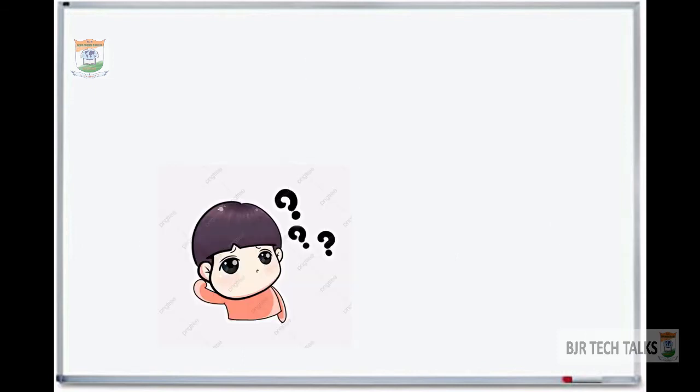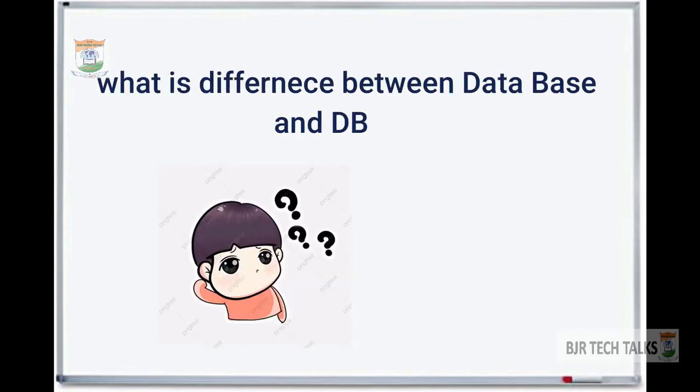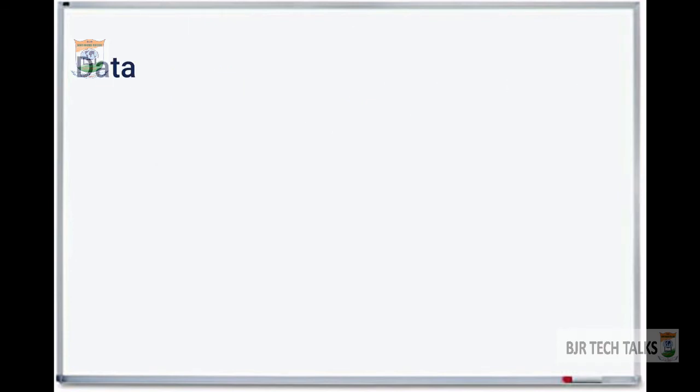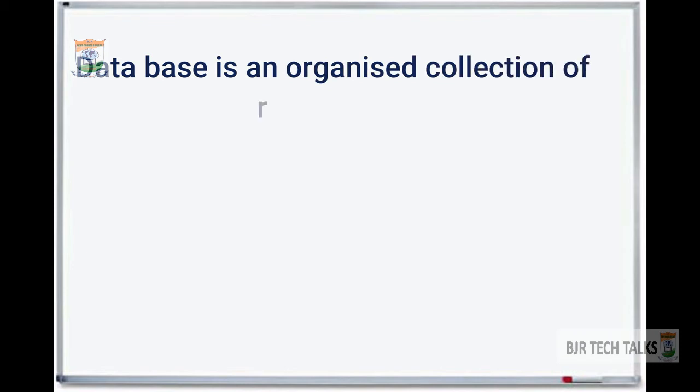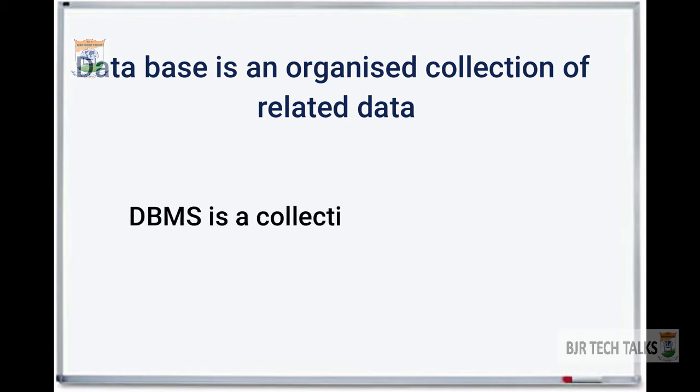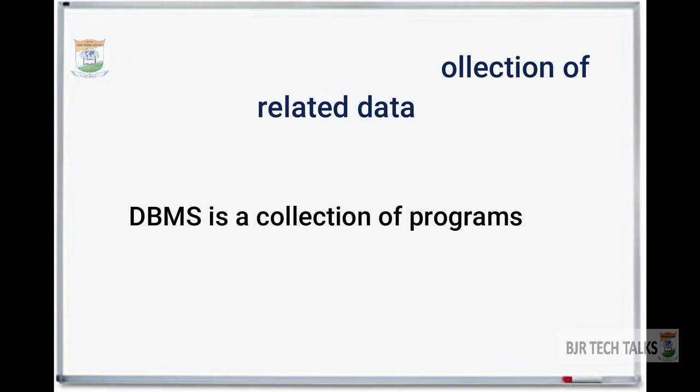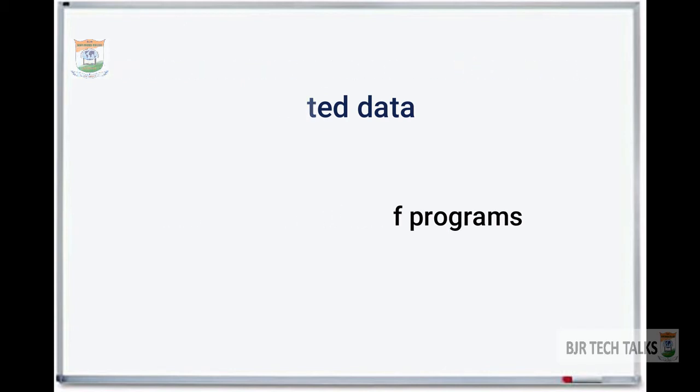Many of you get confused about the difference between database and database management system. Database is a collection of related data, like I said, name, father name, roll number of a student in a school. Whereas coming to the DBMS, DBMS is a collection of programs that are used to create, edit, and delete the tables and their data.